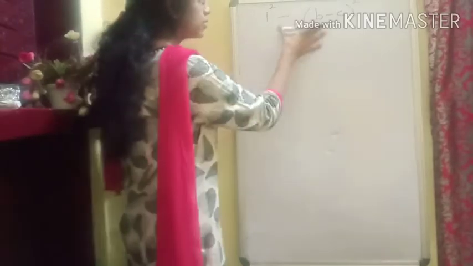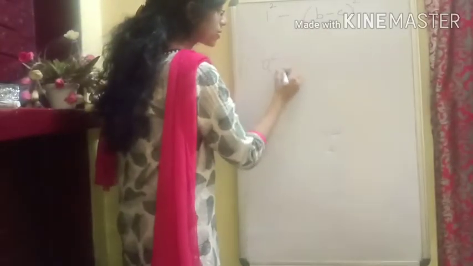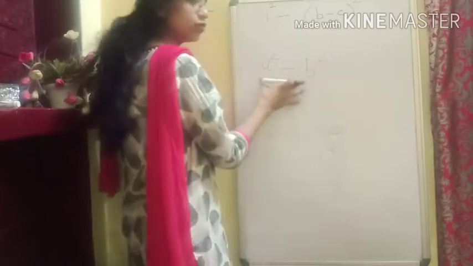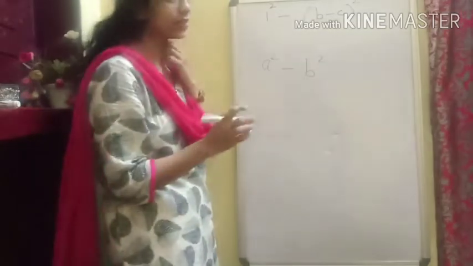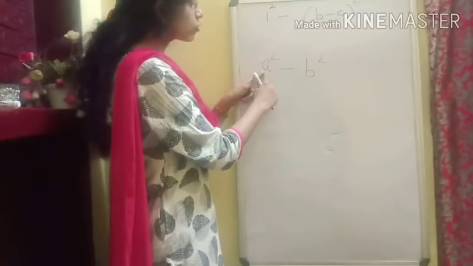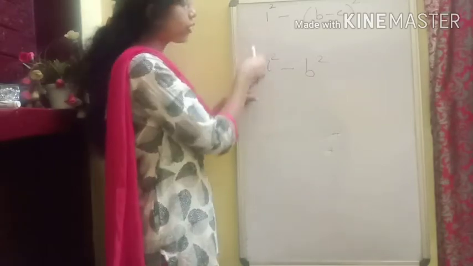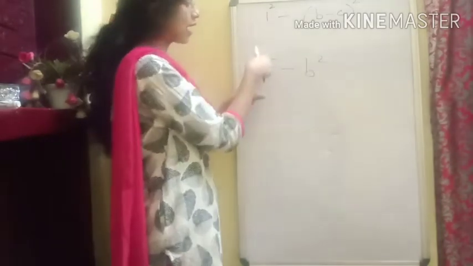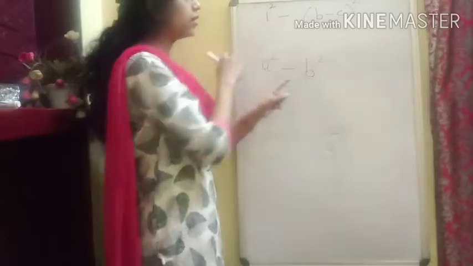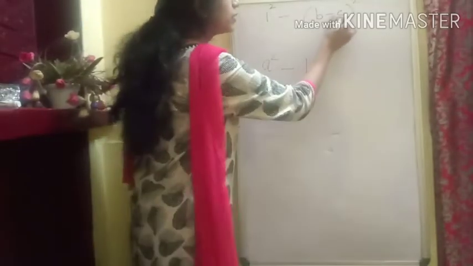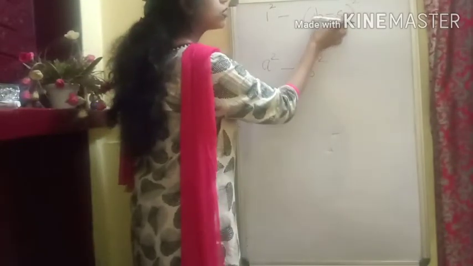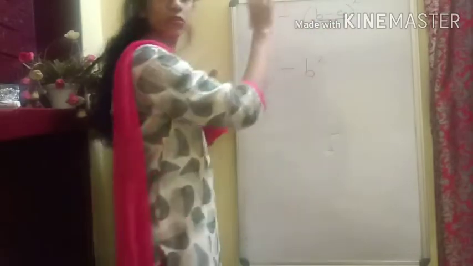Now let us see this question and let us compare the values, because we are going to use this identity. Now if you see, at the place of a we have 1, or a square is 1 square. So at the place of a will be 1. At the place of b will be this whole term, because it is now b minus c whole square. Are you getting this? How are we comparing?